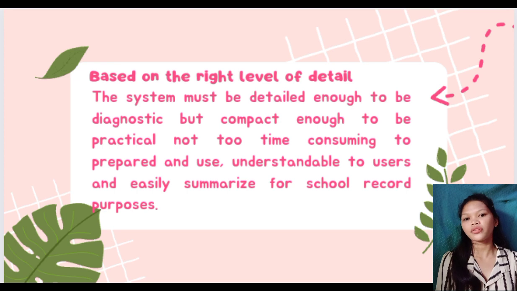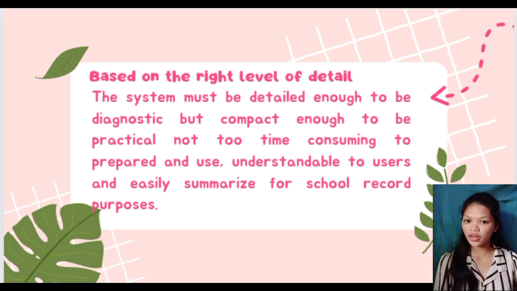The system should strike a balance by offering sufficient data to enable a comprehensive analysis of students' performances, allowing for diagnosis of strengths and areas needing improvement. Simultaneously, it must remain concise and practical, minimizing the time required for both preparation and utilization. This ensures that it remains user-friendly, understandable, and easily summarized for effective school record keeping.